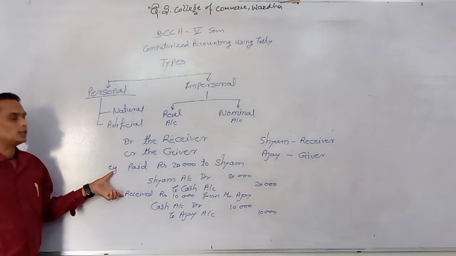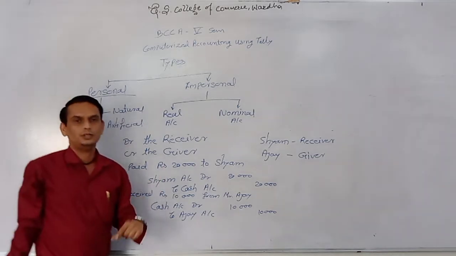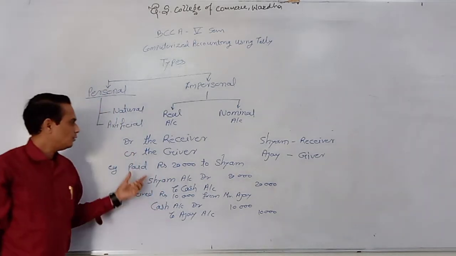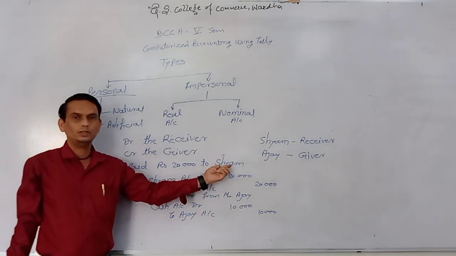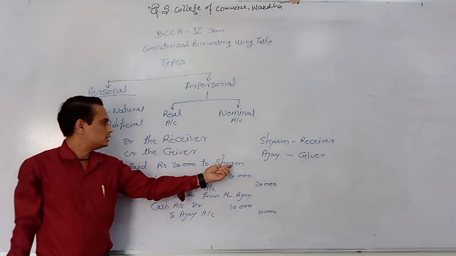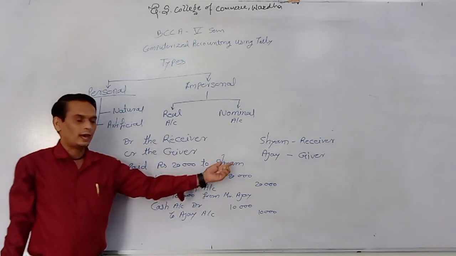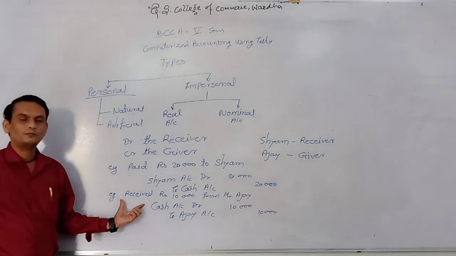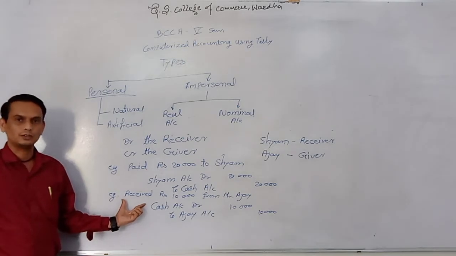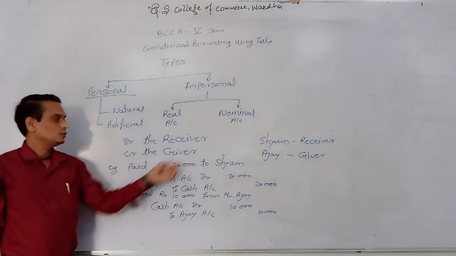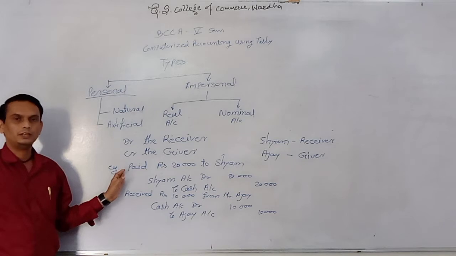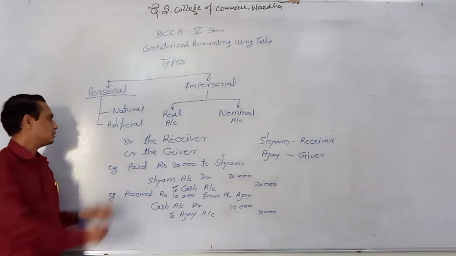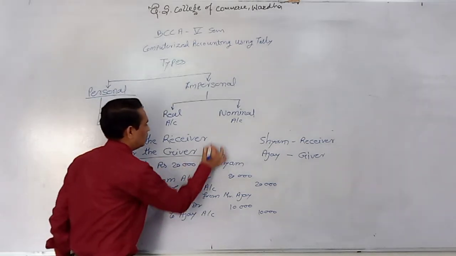These two examples explain who is a giver and who is a receiver. When we pay someone with a name, he is a receiver, and when we receive from some particular person, he is a giver. So two examples explain the personal account and the rule of personal account.